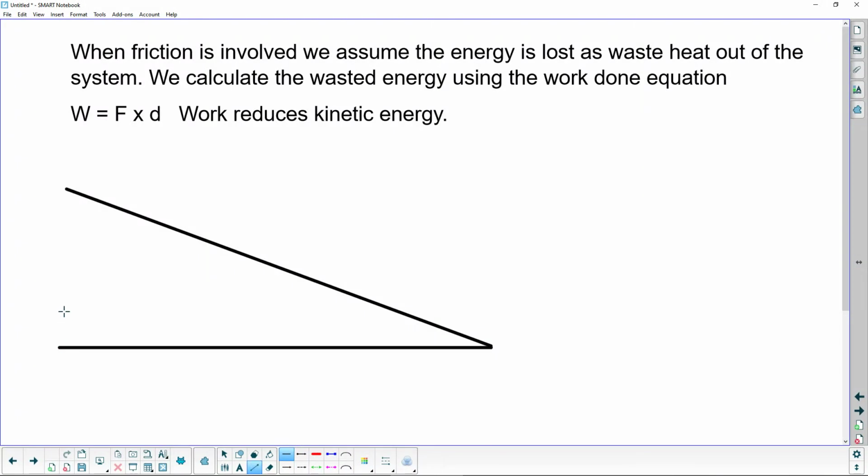So we'll make a wedge here that represents our ramp. And then up here we have a block. I kind of have to draw it on the angle here.